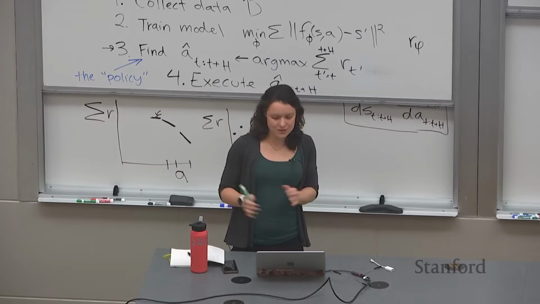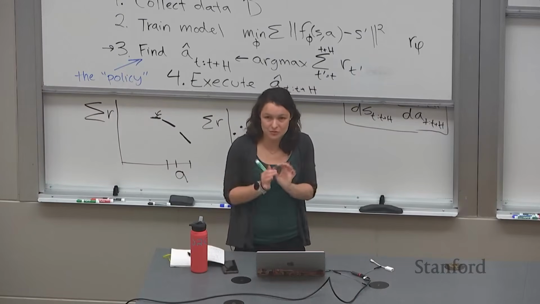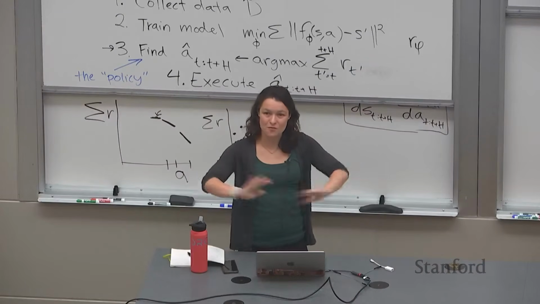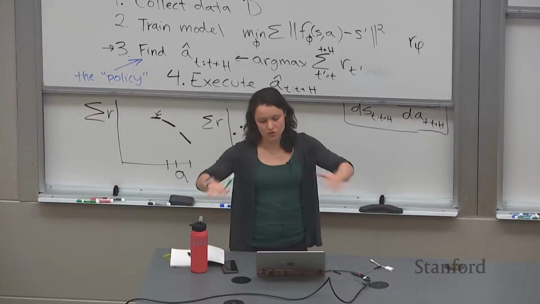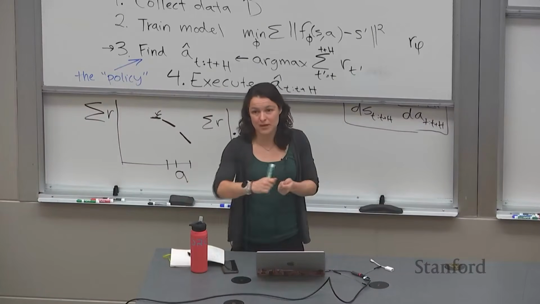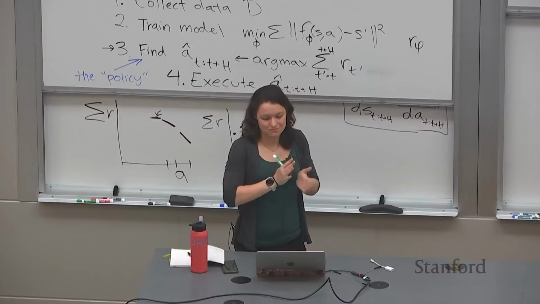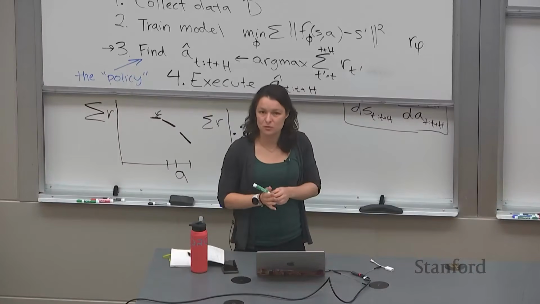The technical name for this is often called random shooting, because you're kind of shooting out different possible samples of what could happen in the future, imagining the future, evaluating the reward, and then just picking the one shot that had the highest reward.